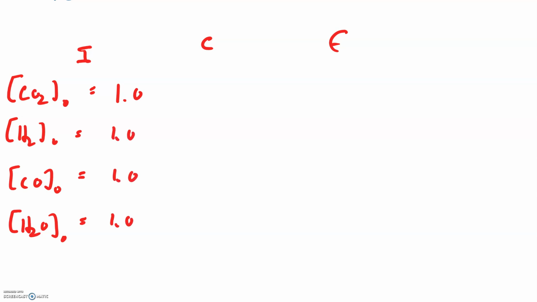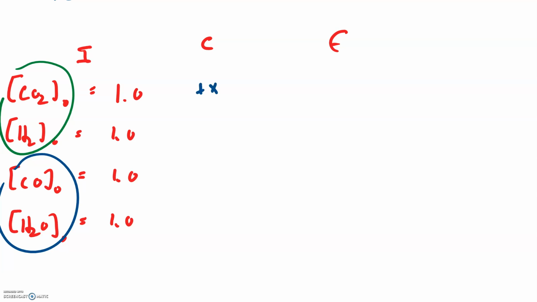Okay. What's the change? Which direction is everything going to go in? Well, we know that the products, that's these guys, are all going to increase, and the reactants, that's these guys, are all going to decrease. By how much? Well, everything is stoichiometrically equal to 1, so everything's going to change by the same amount.